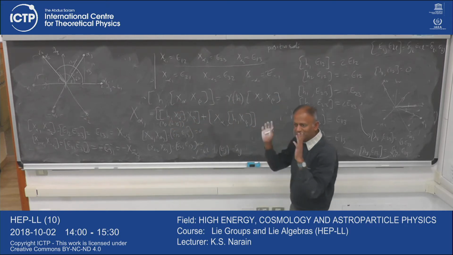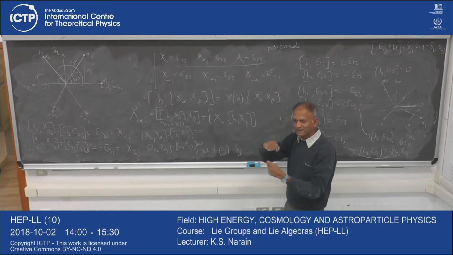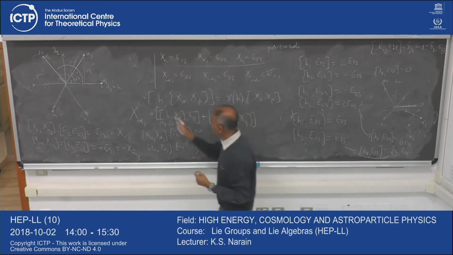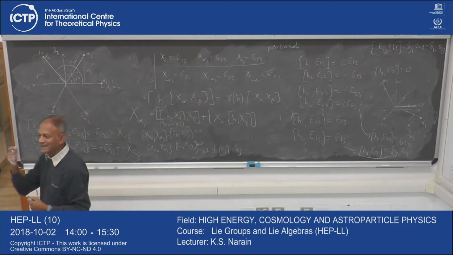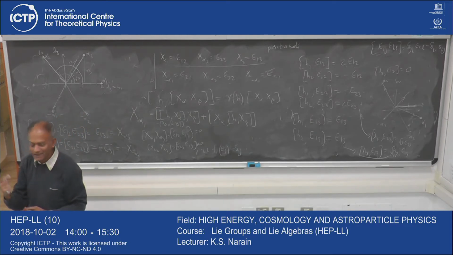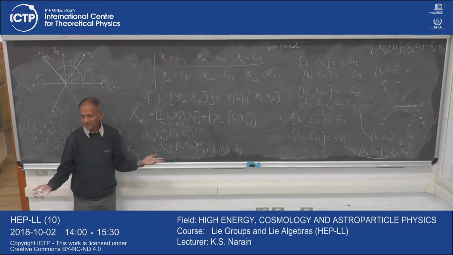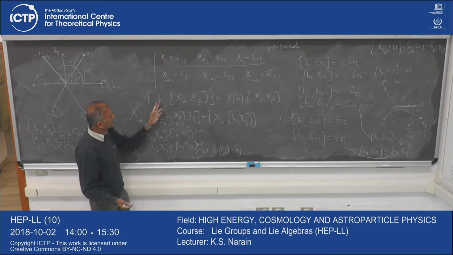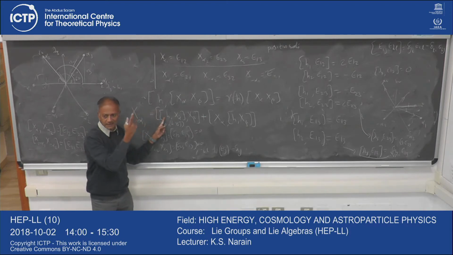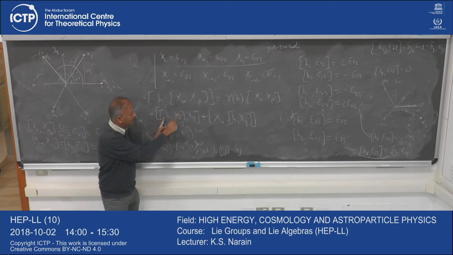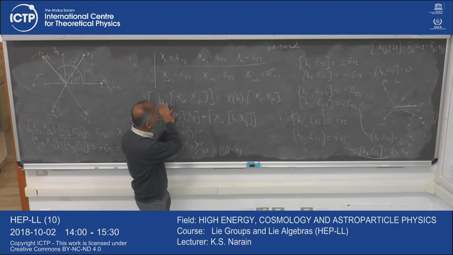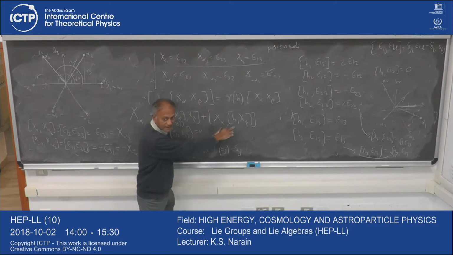Actually, the best way to remember, instead of doing all the cyclic permutations, is that the Jacobi identity acts like a derivative. Imagine that this was a differential operator acting on this thing. Well, use the Leibniz rule. The Leibniz rule says it will be the same as first taking the derivative here, where I'm thinking of h as a derivative operator, so this is like taking the derivative of that, and then next taking a derivative here, which is that.